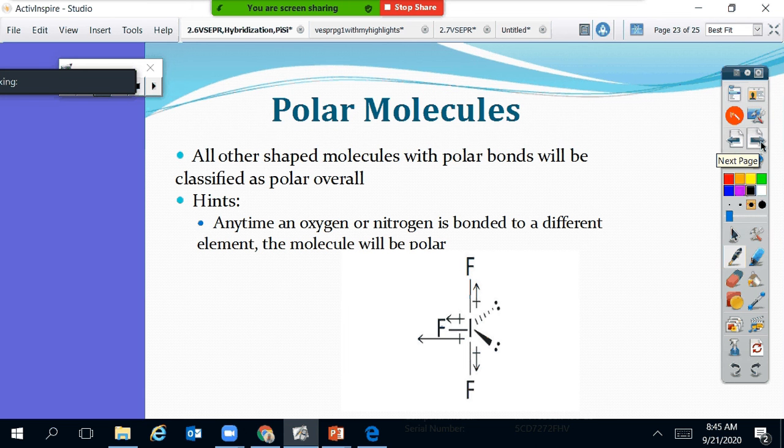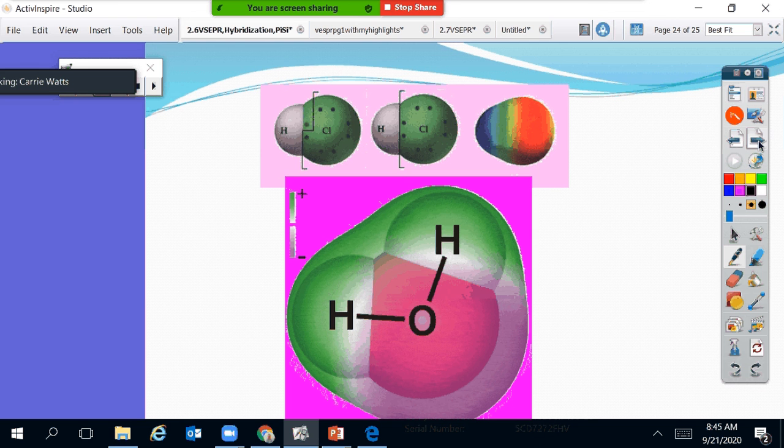So if there's ever an oxygen or a nitrogen bonded to something other than itself, it'll be polar. Here you can see the electron density in hydrogen chloride. And you can also see the water molecule, the electron density in the oxygen part.